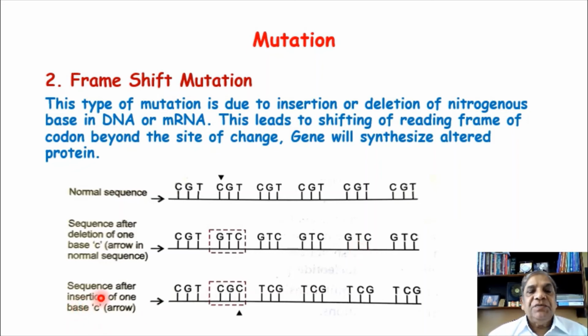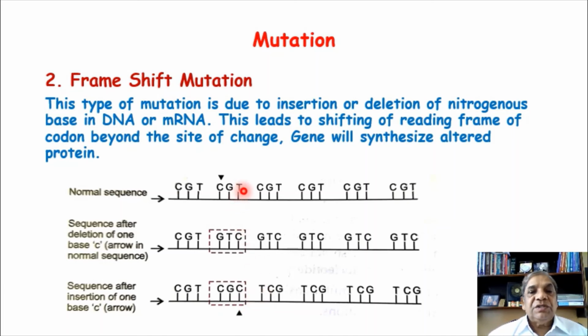Then if you see another condition in frame shift mutation, here instead of the deletion, it is the insertion of a new base. Here, after CG a new base C came, so T was shifted to the next code.